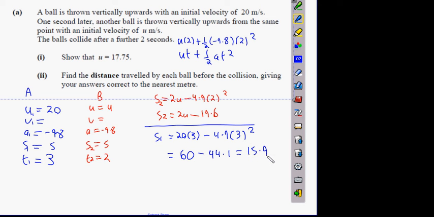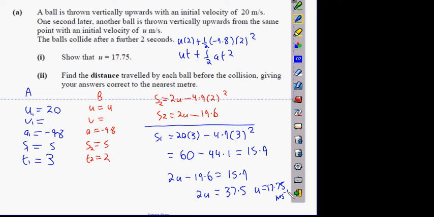15.9. Now, what this means, guys, is that 2u minus 19.6 equals 15.9. 2u therefore equals, what's 15.9 plus 19.6? 37.5. Yeah. And then what's half of that? 17.75. There you go. Provided I haven't made a mistake, that is exactly what it is.